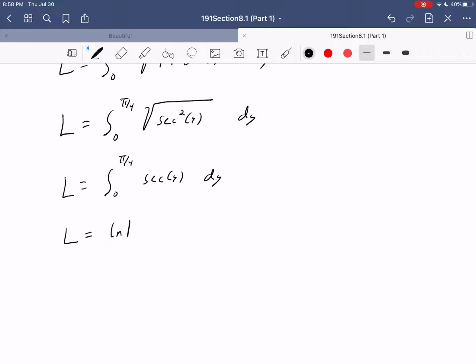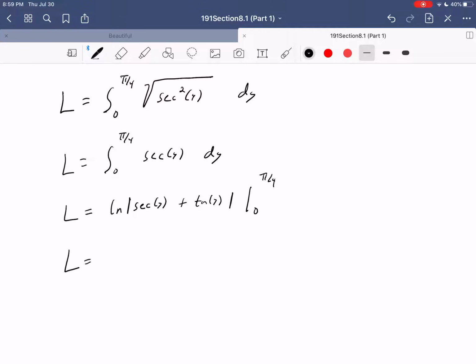That's just going to be ln absolute value secant y plus tangent y, evaluated from 0 to pi over 4. If we plug those in, we get ln secant of pi over 4. Well, cosine of pi over 4 is root 2 over 2, so secant is going to be 2 over root 2, which is just root 2.